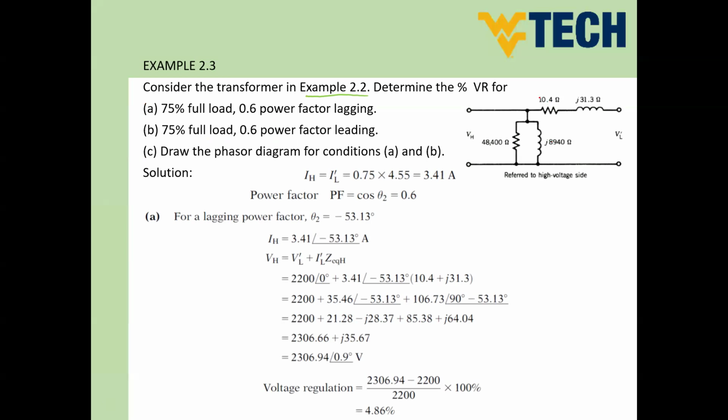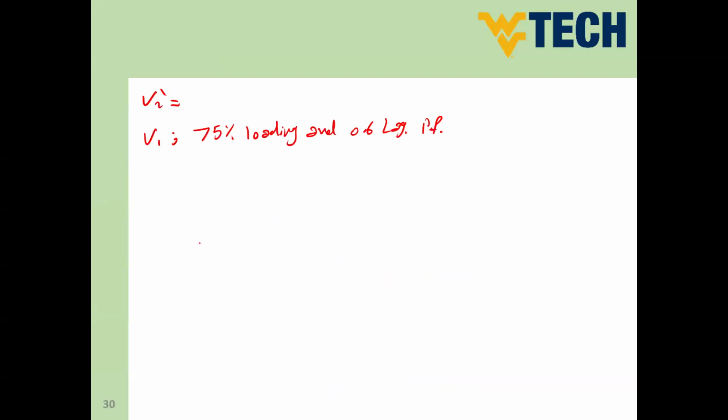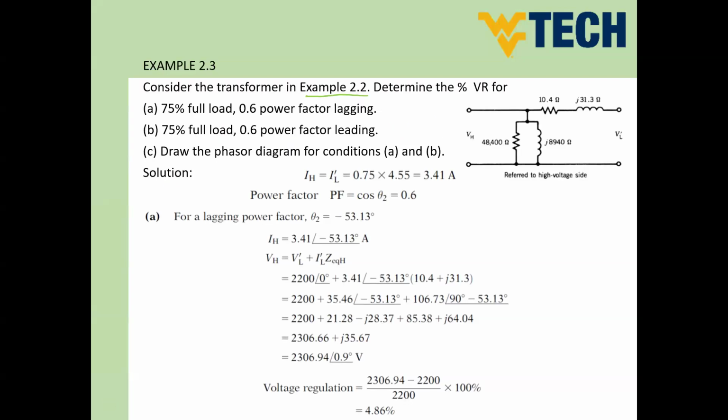So we have impedance of 10.4 plus j31.3. Let's firstly calculate the current. I equals I2 prime, which here was in the primary side, or high voltage side.